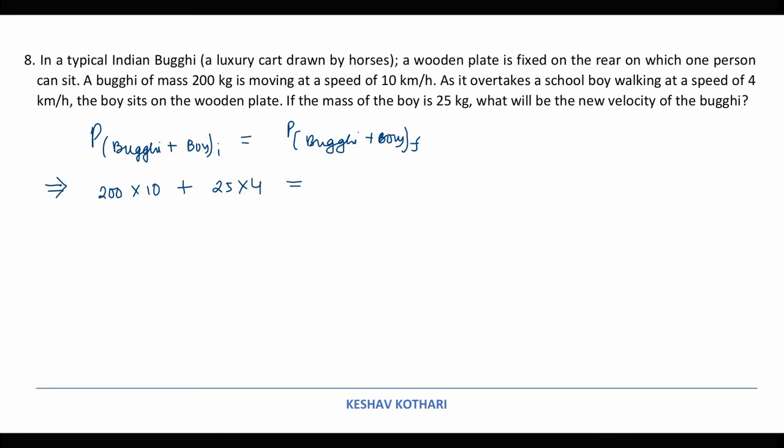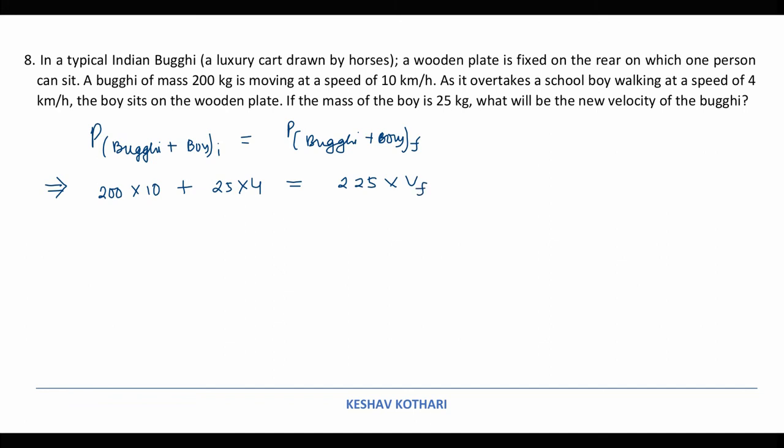When the boy sits on the buggy, the total mass of the boy with the buggy will become 225 kg, and let the final speed of them be v final.